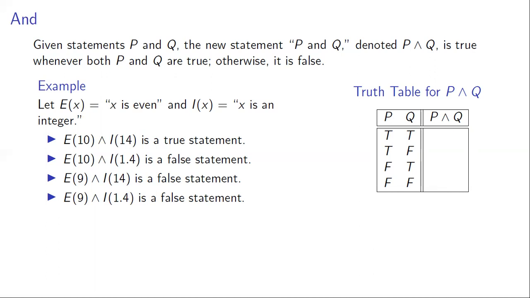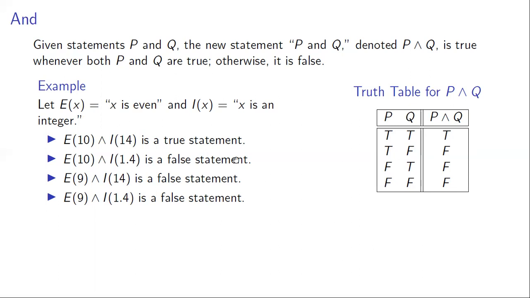Now, what we have to do is fill out the column for P and Q. In other words, what happens? For example, this first item here will tell me what happens when P is true and Q is true. What will be the value of P and Q? And the answer is that will be true. And then the rest of these are false, right?